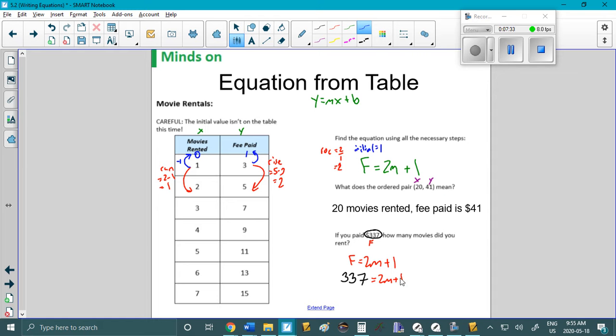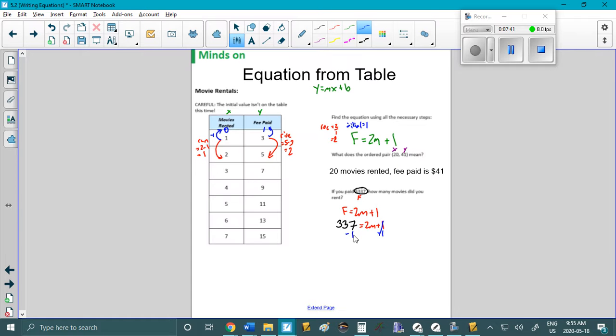And this is something that we did in our solving equations unit way back when. So to solve for m, we got to get m by itself. So the first thing is we get rid of this plus 1 by opposite operations, so we subtract 1. 337 minus 1 is 336 equals 2m, because this has been canceled out. And now the 2 and the m are multiplying, so what's the opposite of multiplying? Well, it's dividing. So we divide by 2 on both sides.